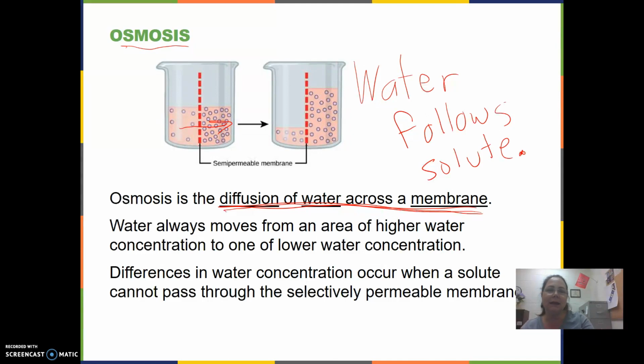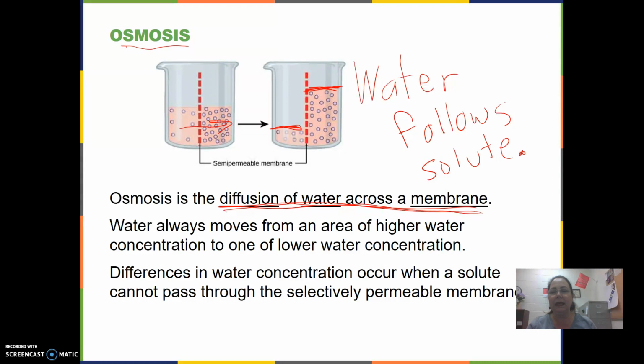And when it does, the level of water rises on the right side of the beaker and it lowers on the left side until you can see the space between those purple molecules is about even. So the concentration of solute molecules in the water is fairly even on both sides. So the water is going to follow the solute until the concentration gradient doesn't exist, basically, until there is no difference in concentration on either side of the membrane.